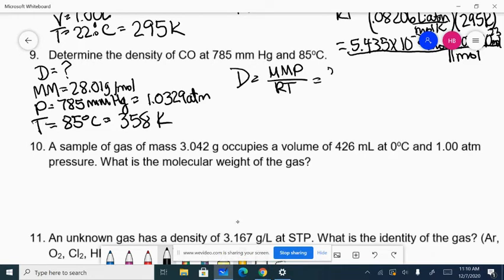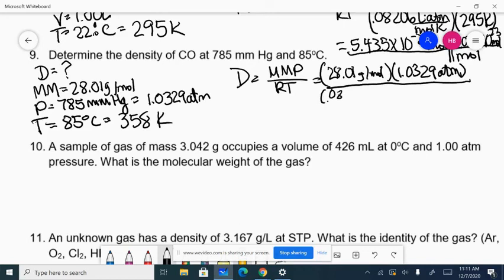So density, and then we're just plugging in 28.01, 1.0329, for R, and T. Grams per liter is my units. All good.